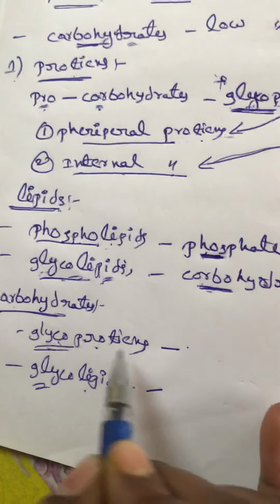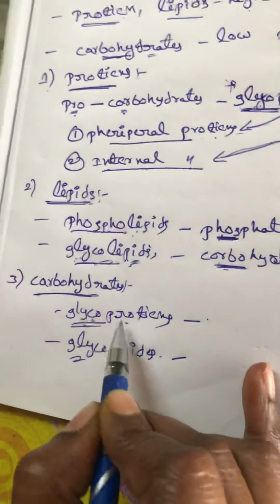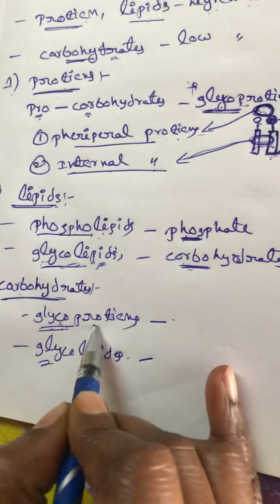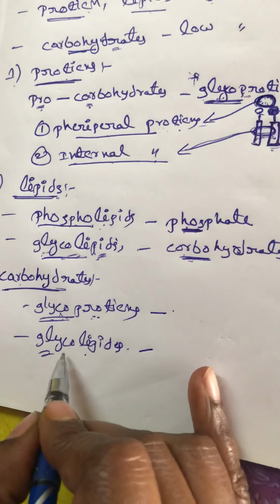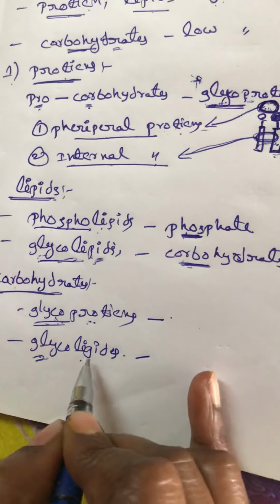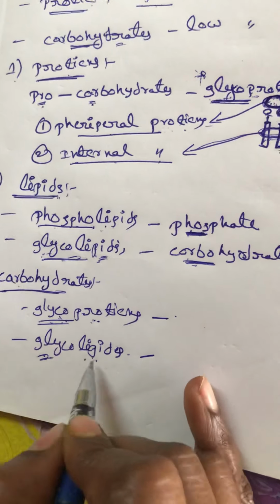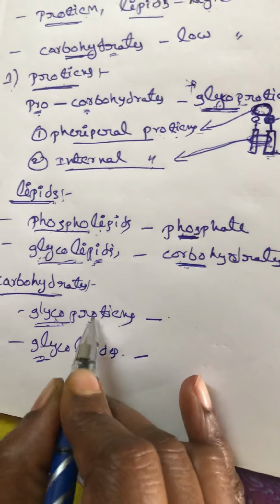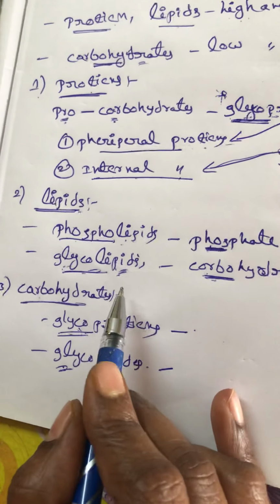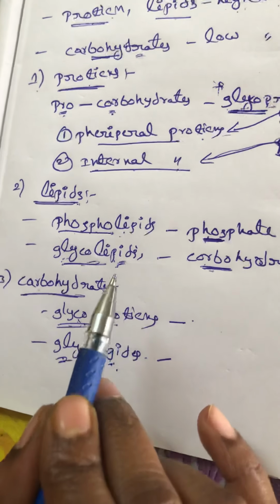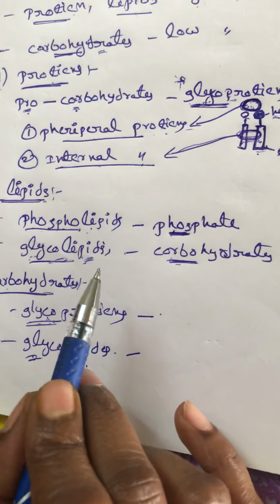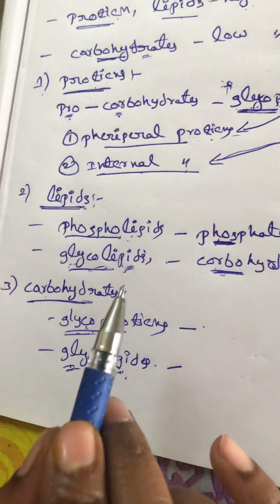Glyco means carbohydrates. Carbohydrates and proteins are mixed to produce glycoproteins, and carbohydrates and lipids are mixed to produce glycolipids. This is the chemical composition of the plasma membrane. Another class is about theories of plasma membrane structure.